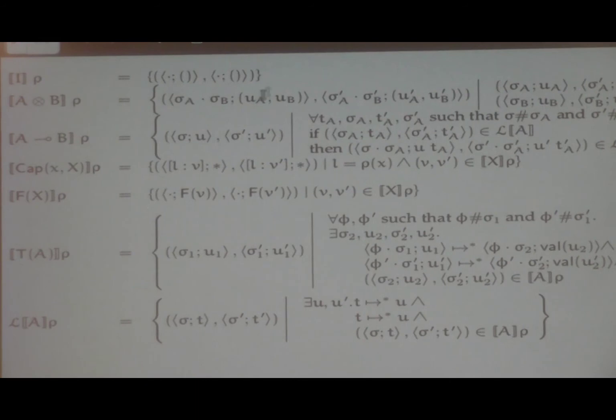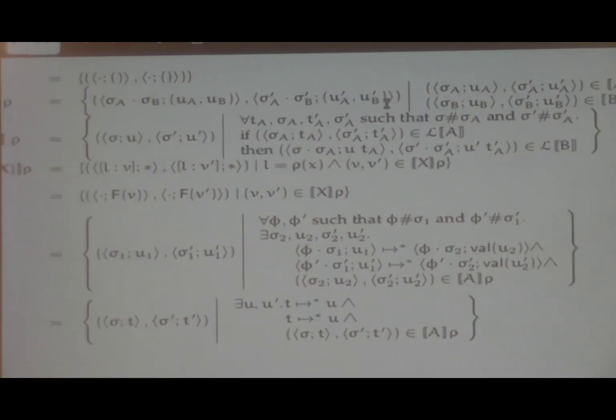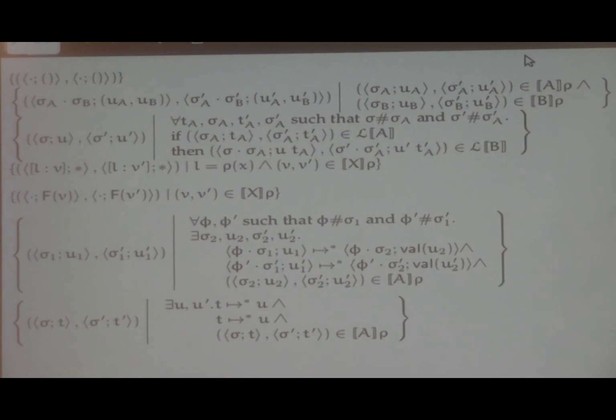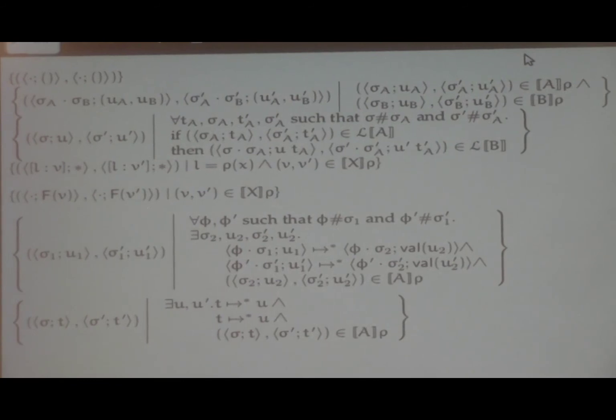So if you have a pair UA, UB, then the memory it owns can be divided into two disjoint parts, sigma A and sigma B. And similarly, the memory that the second pair owns can be divided into two parts, sigma prime A and sigma prime B. And now that we've divided this up, we can say that sigma A UA is related to sigma prime A U prime A at the type A. And likewise for B.